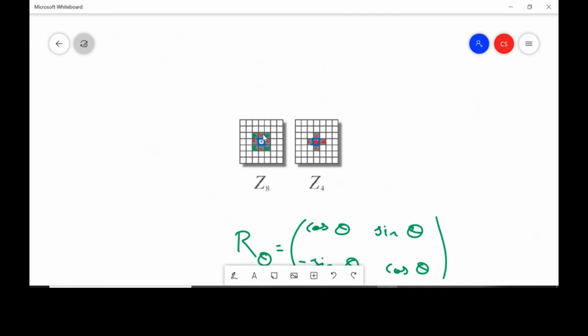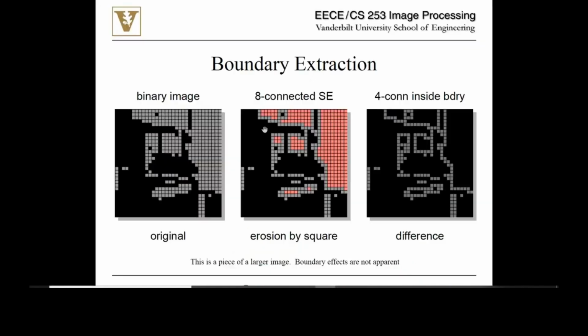So if I compute the borders this way, eroding with set 8 and then computing the difference, the boundary is defined as pixels that share 4 connected neighbors. All the neighbors here share an edge, all of them.